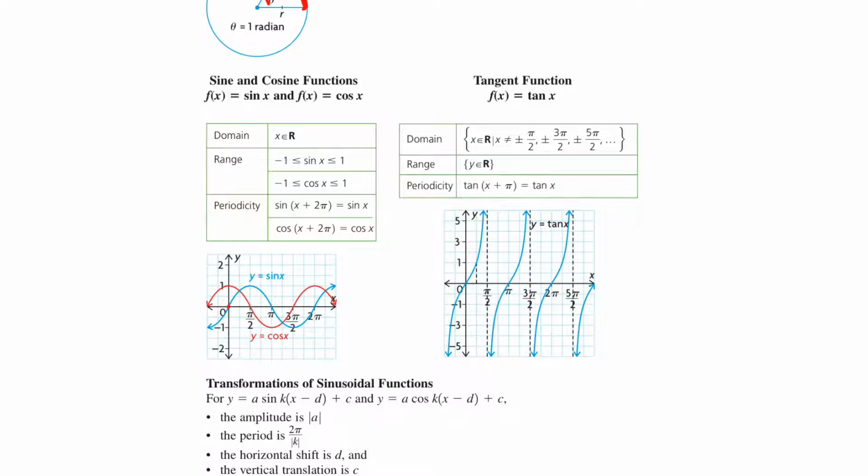Graph of sine of x in one period and graph of cosine of x in one period. Sine and cosine are periodic and their period is 2 pi. Sine and cosine are always between 1 and negative 1.